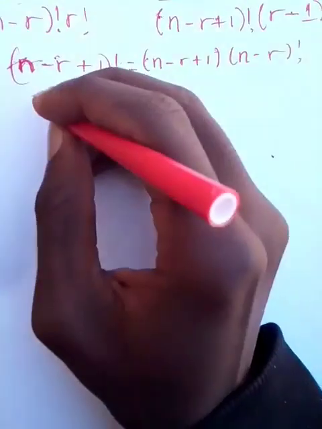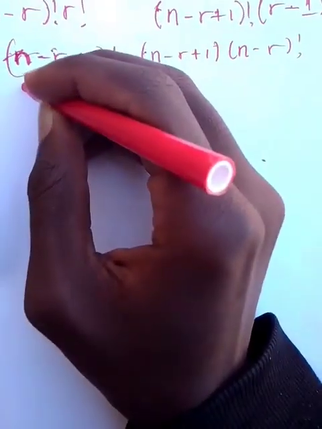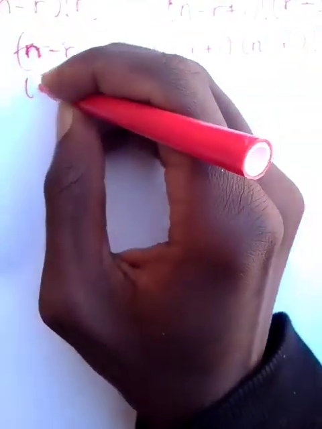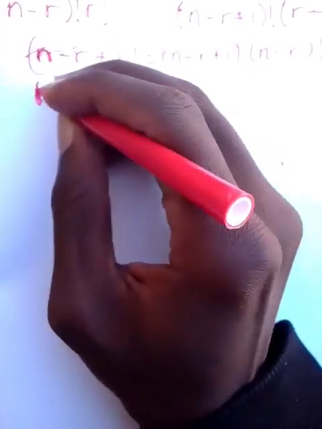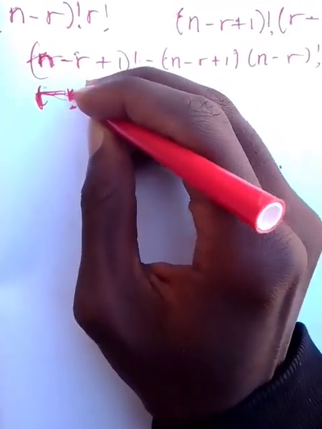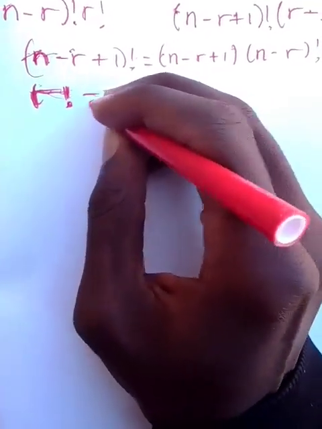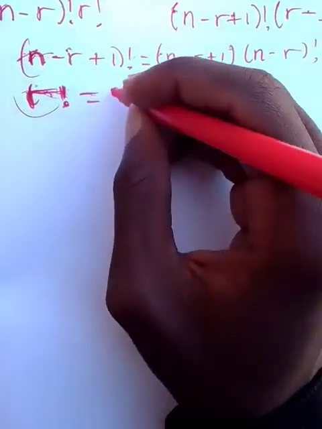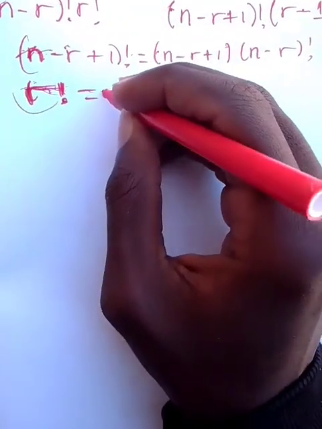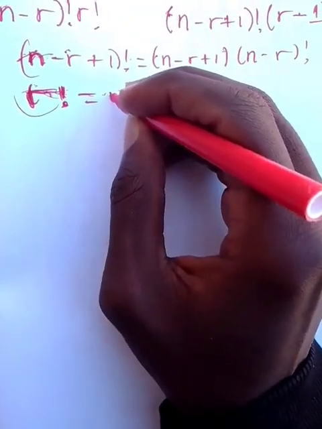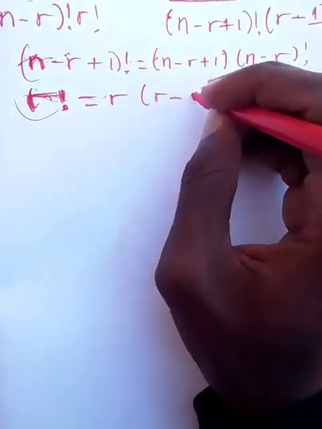You remember this. If you don't understand, rewatch the video, try to rewind. I've explained this. And this is r factorial, guys. I know it's not clear, but it is r factorial. So wherever we have r factorial, we can also say r minus 1 factorial.